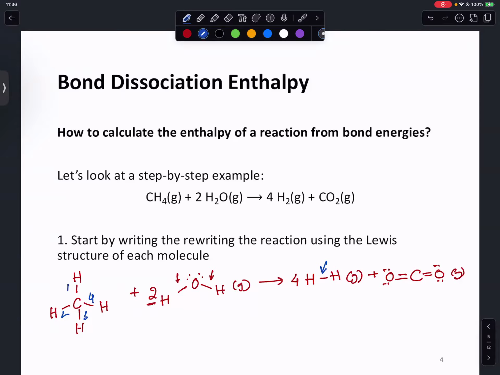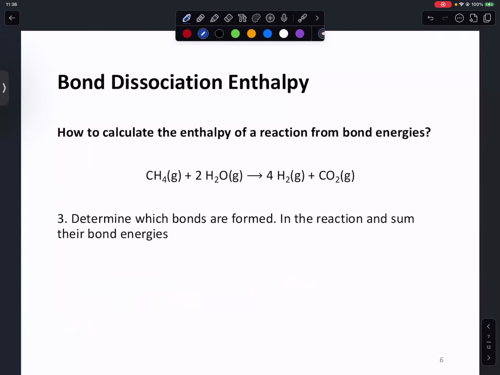H2 has only 1 bond, so it should be 4 times 1 bonds formed, and 2 CO bonds are formed.